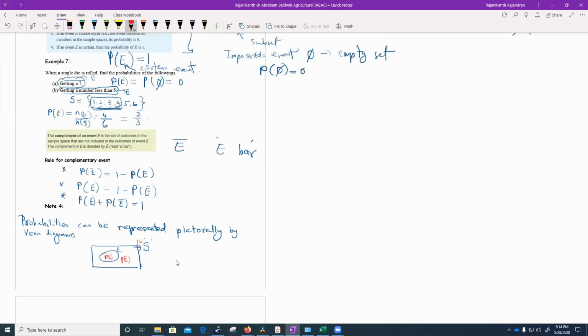You should get 1. So this is the picture I could use to explain the relationship between my given event E and its complement.